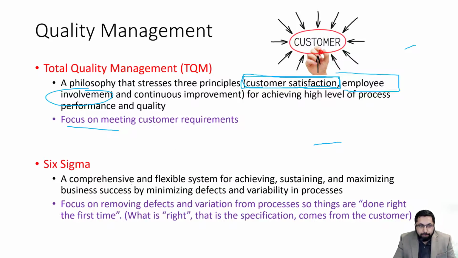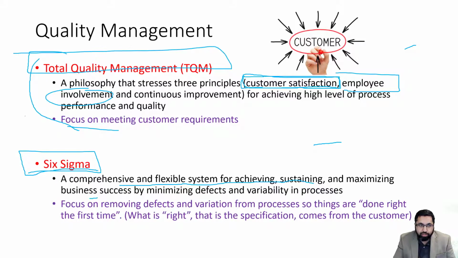Six Sigma is another system. So TQM is more about you setting goals and having teams that work on quality improvement and things like that. Six Sigma is another approach to improving quality, and they're not mutually exclusive. You could do both.